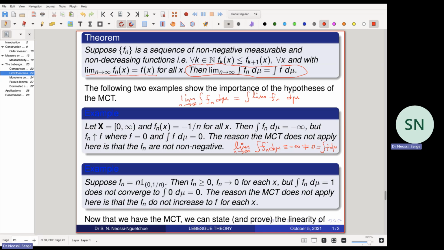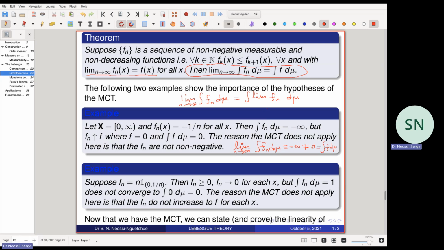So you see that the hypotheses of the monotone convergence theorem are not satisfied, right?